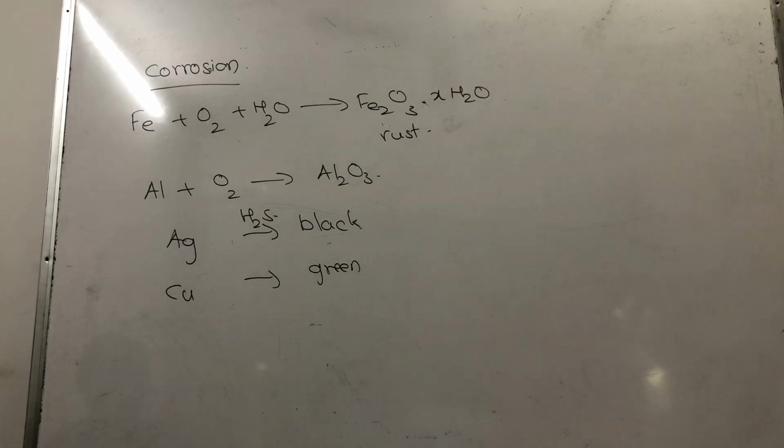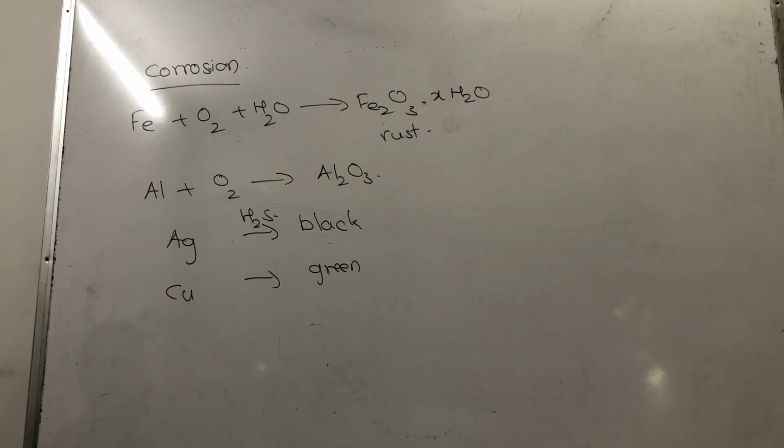Yes. The next topic is rancidity. What is rancidity? When fats and oils get oxidized, they develop a bad smell and taste. They turn stale. This oxidation of fats and oil is called rancidity.